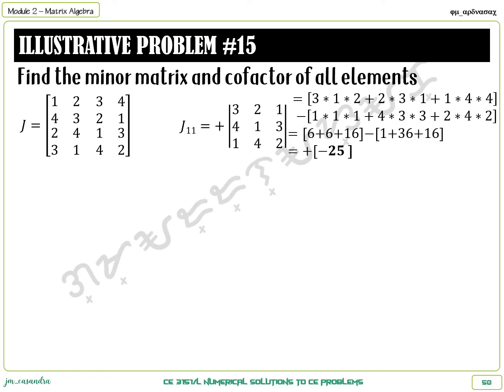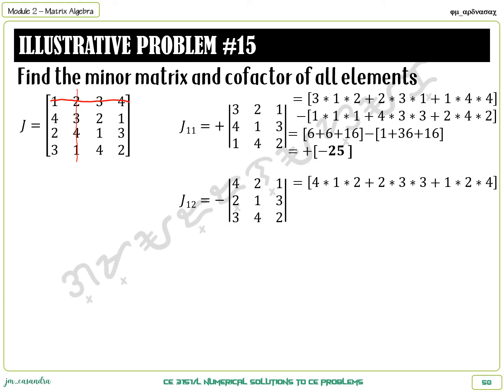Okay, let's move to the next element. So we'll have 1, 2. So we remove again the column and the row. So we'll have for J12, that will now be 421, 213, 341. So again, sign convention natin will be a negative. So same procedure for the equivalent cofactor.